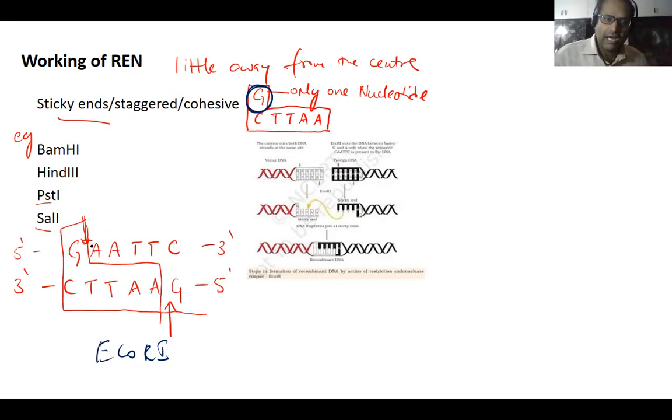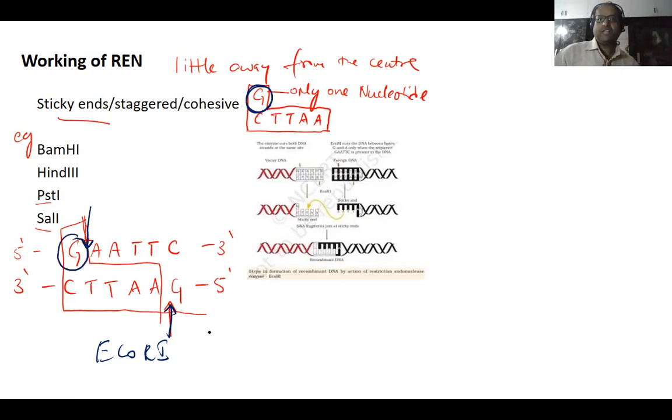Now, the restriction nuclease will cut a little away from the center. See, here it is cutting on this side, and similarly it is cutting here. So when it cuts a little away from the center, the opposite sequences will be only one nucleotide.